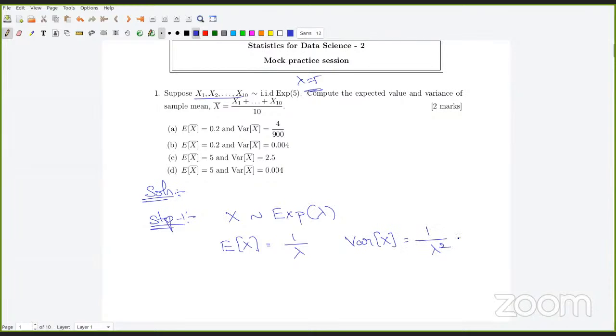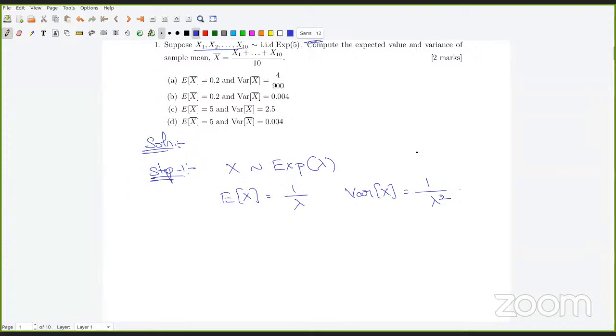Here lambda is given as 5, so the expectation of x is 1 by 5 and the variance of x is 1 by 25.